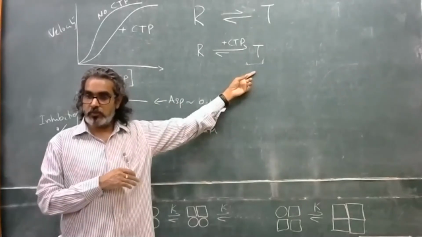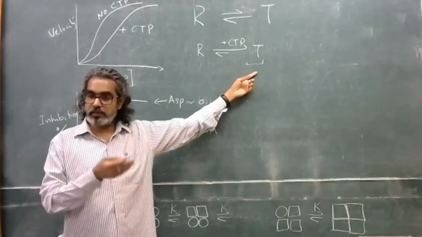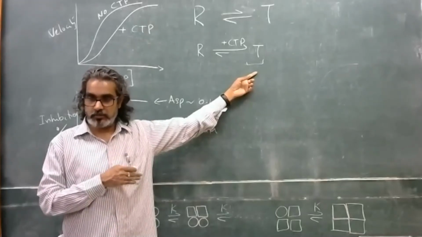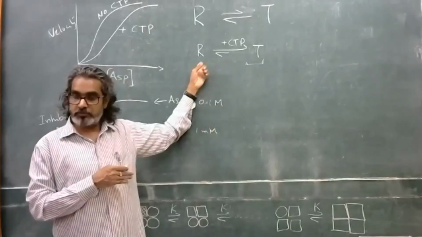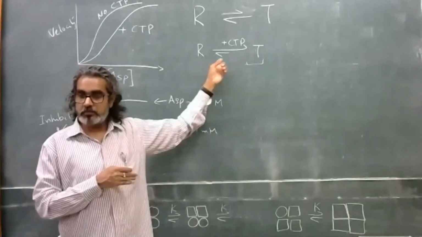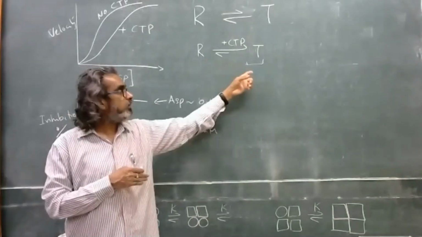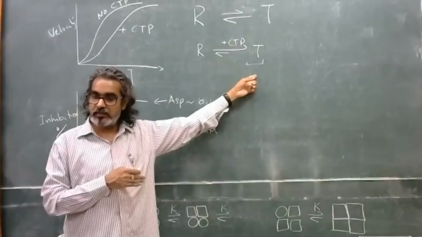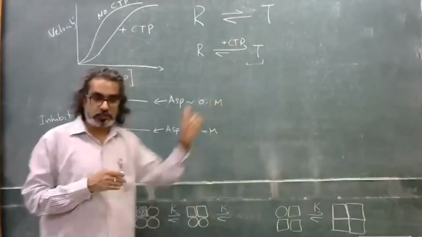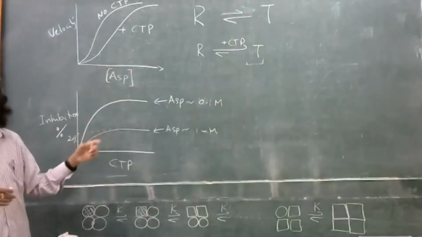R is preferred by the substrate, but because R is not available, the substrate binds to the T state and catalyzes the reaction. So that's why inhibition is not 100%.